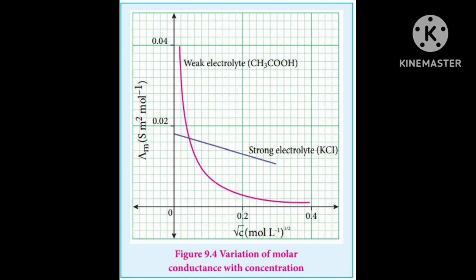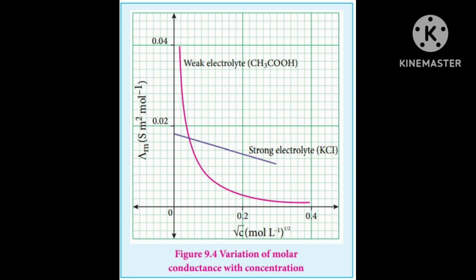If you want, you can convert it into meter square also. 100 centimeter is equal to 1 meter, so for centimeter square you have to divide this value by 100 to the power 2, that is 10,000.